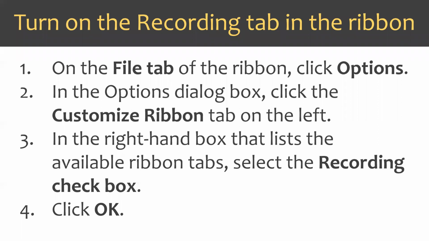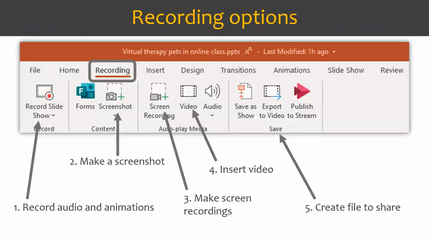Okay. So let's assume we have the recording enabled in our ribbon, and there are several buttons. We're going to go over some of those buttons today, not all of them, because some of them are out of the scope of what we're doing. But we're going to go over recording audio and animation. We're going to go over how to make a screenshot, make screen recordings, insert video, and create a file to share.